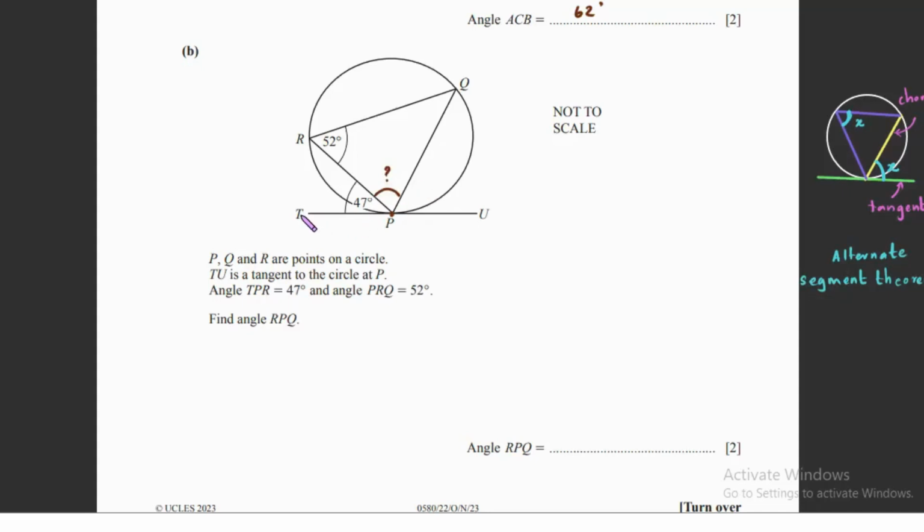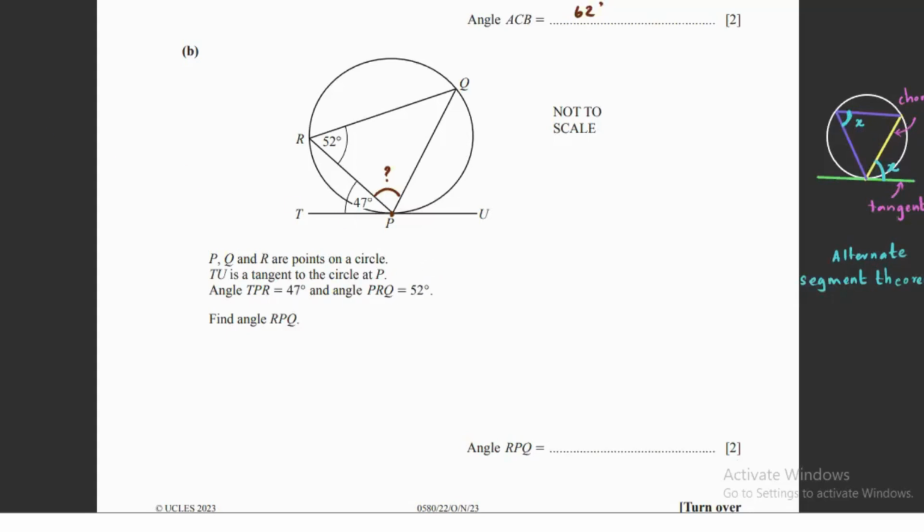Now, as the term tangent is mentioned, and as an angle is formed using this point P, we need to understand that this has to do with the alternate segment theorem. According to the alternate segment theorem, the angle formed between the chord and the tangent will be equal to the angle subtended by that same chord in the alternate segment, which means this angle and this angle will be equal.